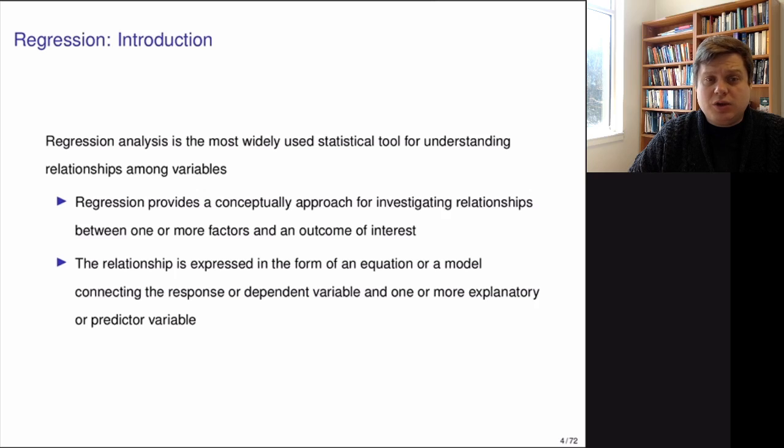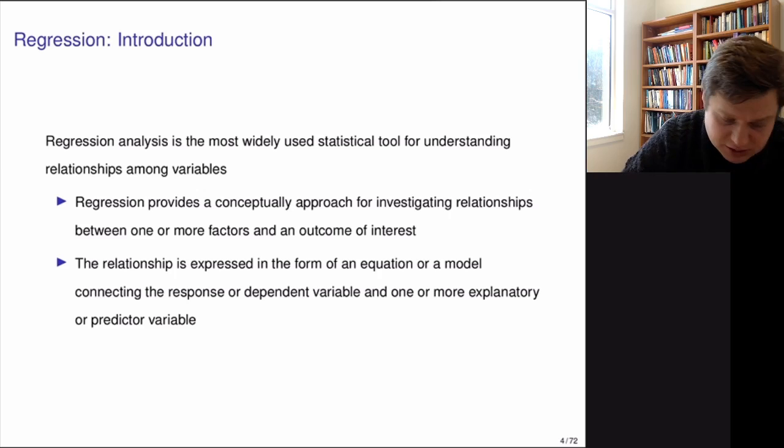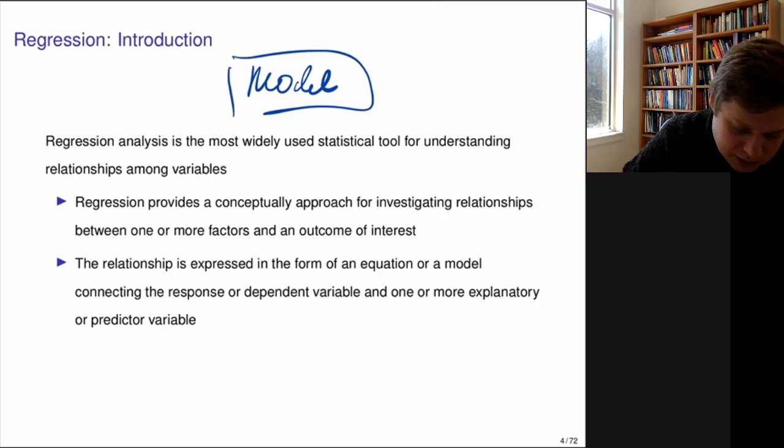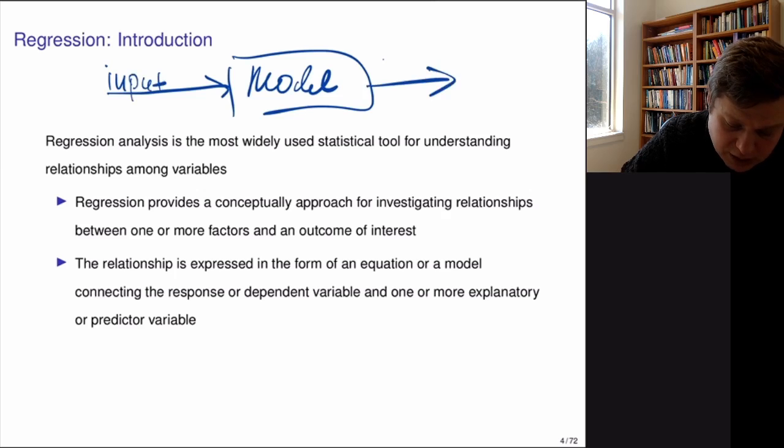And this equation connects the response, or dependent variable, and one or more explanatory variables, or predictor variables. So that's the first piece of the terminology. So we have the model, and the model takes the inputs and produces an output.